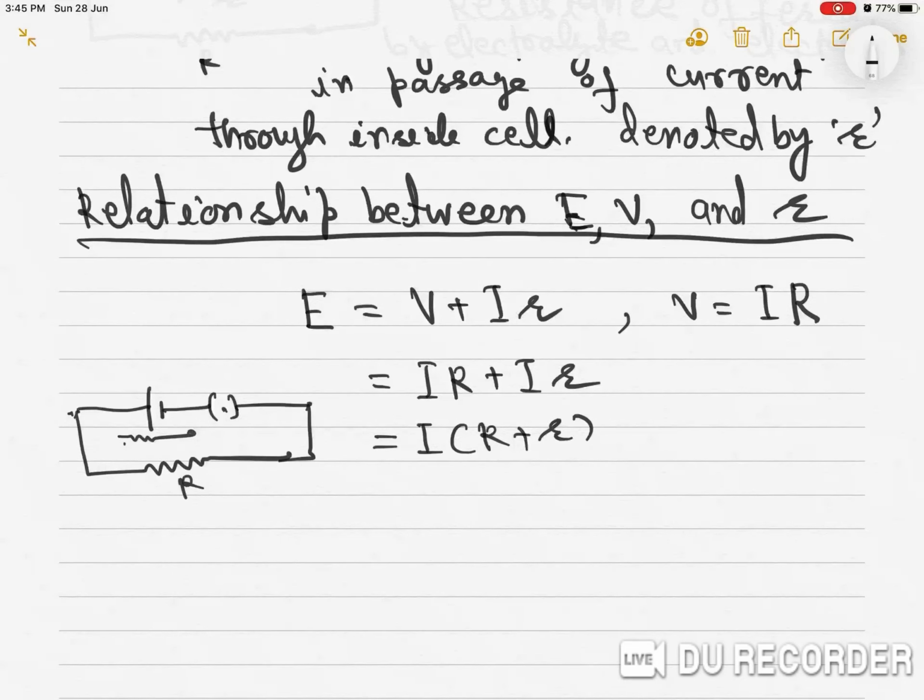So, E is this, and the total current drawn from the cell may be given by this formula.